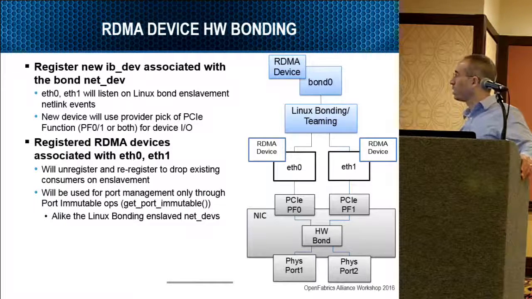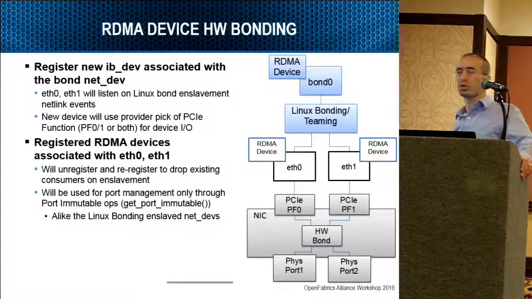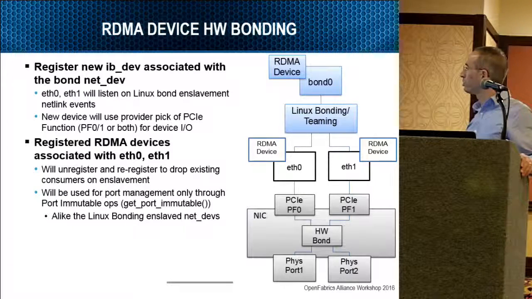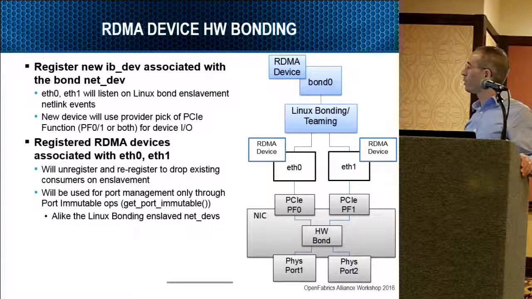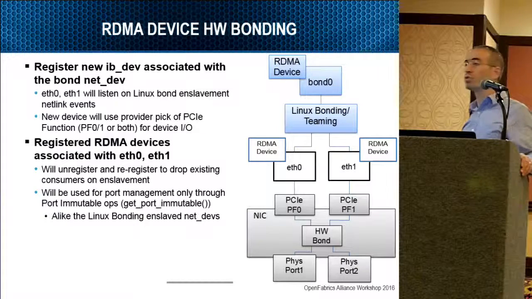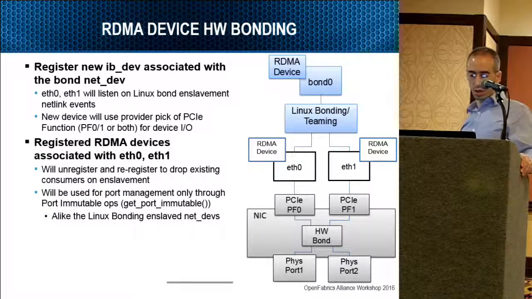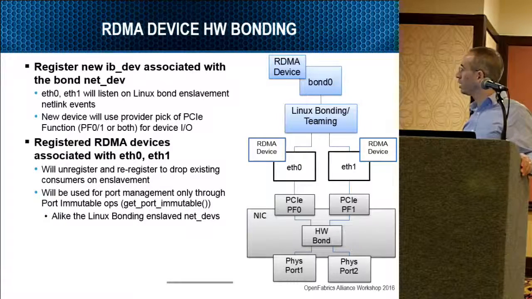Whenever there's such an administrative change, which is basically a very big change, you take the IP addresses from those interfaces and associate them and create a new network device. So this is a big change, and in terms of active consumers on Verbs, we feel it's practically okay if we cease to service such consumers and ask them to re-establish the hardware resources on top of the new IB device.